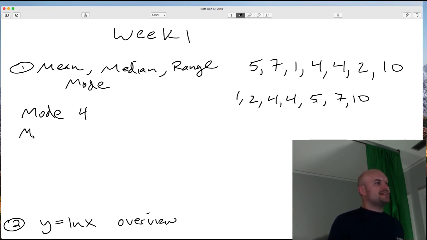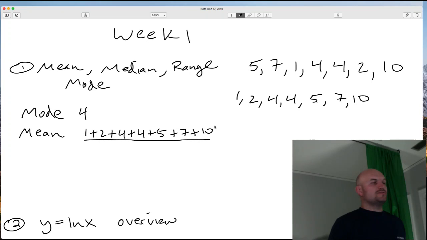To identify the mean, we simply add up all the numbers, and I don't have a calculator, so I'm not going to calculate this, and I do want to move on. We divide it by the total number of numbers, which in this case is 7. To identify the median, we find the number that's exactly in the middle.